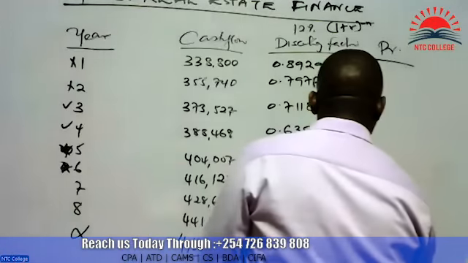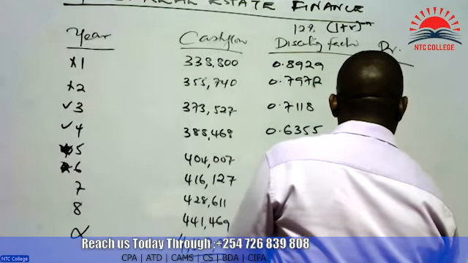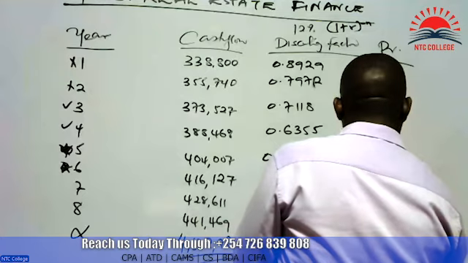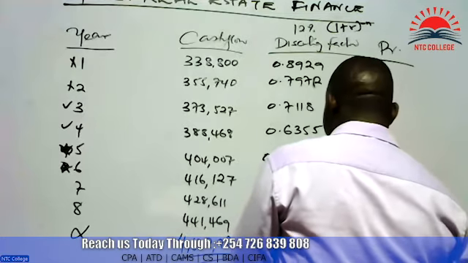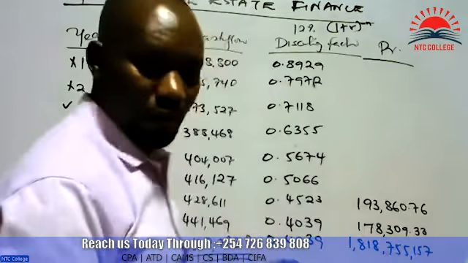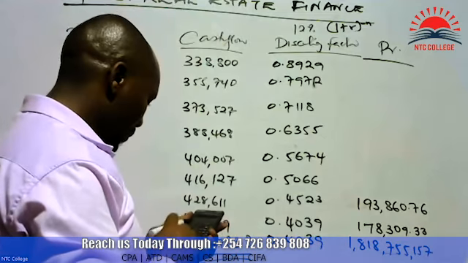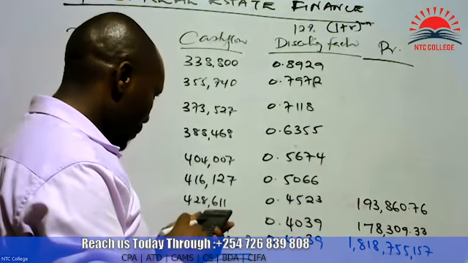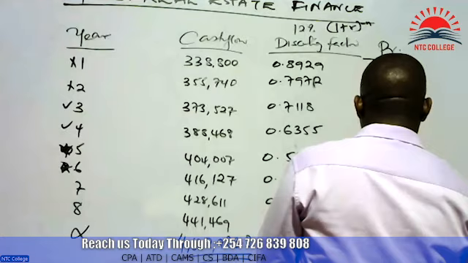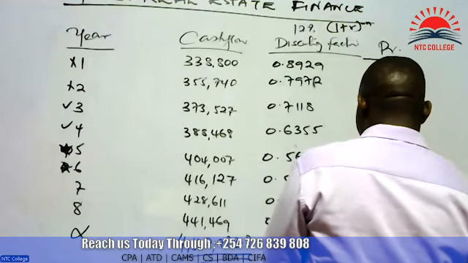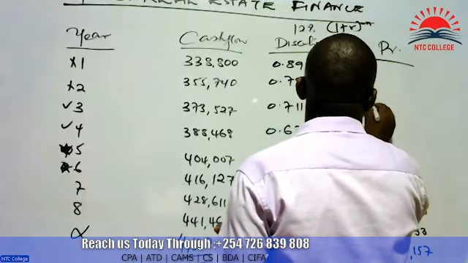Give me the figures. Year 3, 265,876.52. Yeah, it is 265,876.52.